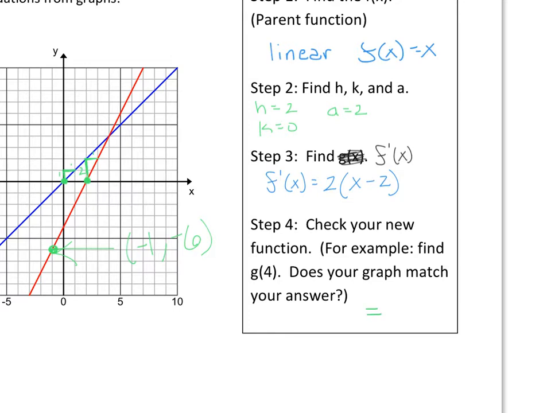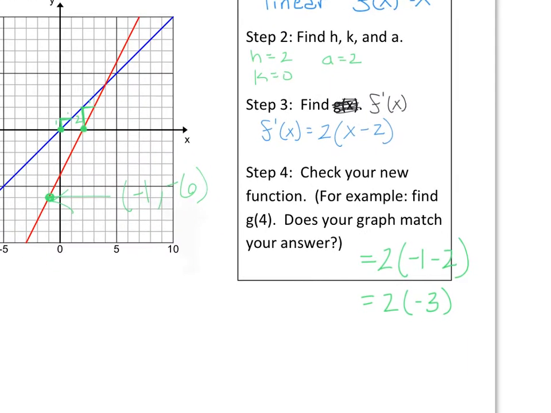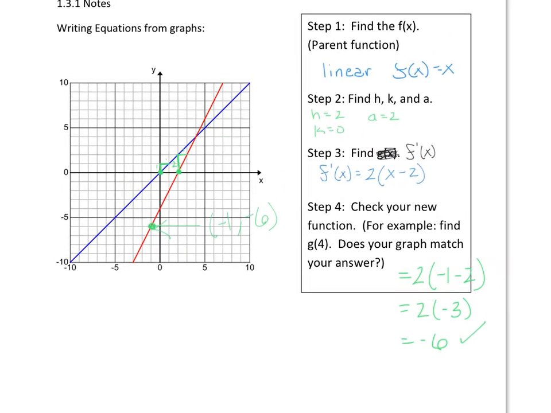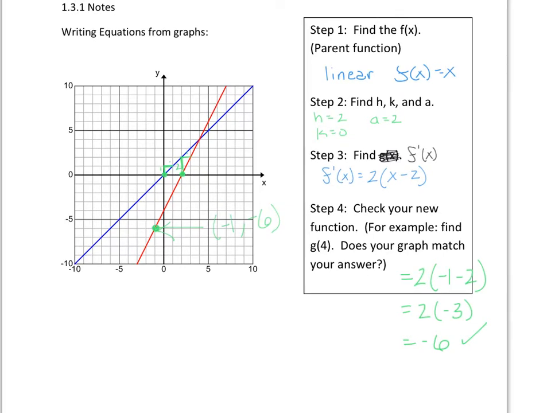So I get 2 times -1 minus 2. -1 minus 2 is -3. And 2 times -3 is -6. So it works. We always want to double check because this is getting into tricky stuff here, to make sure our equation is correct.